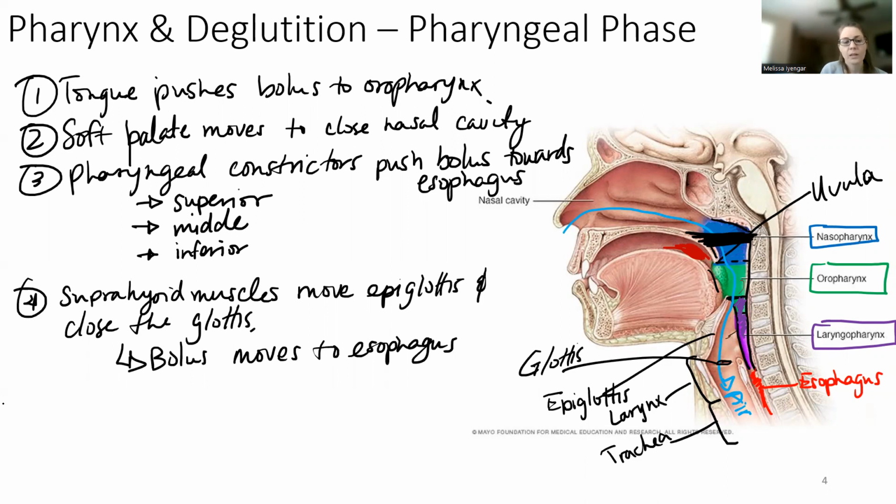Okay, and then you also have to understand that the infrahyoid muscles contract to bring the epiglottis back into place.